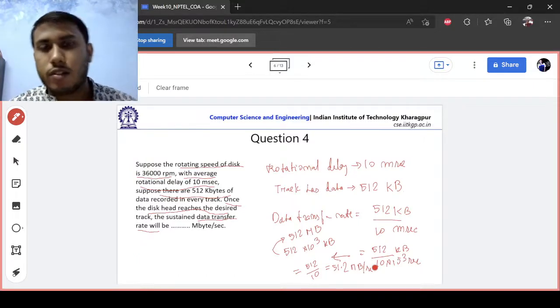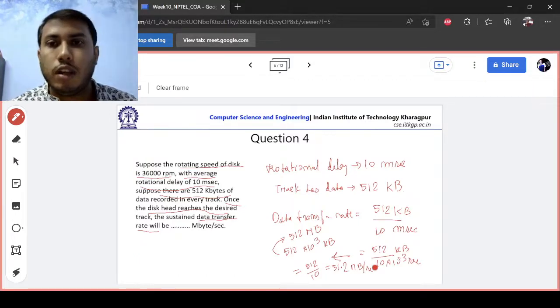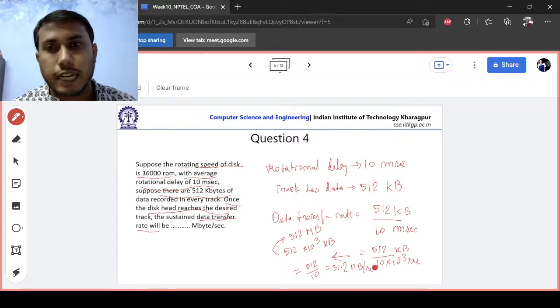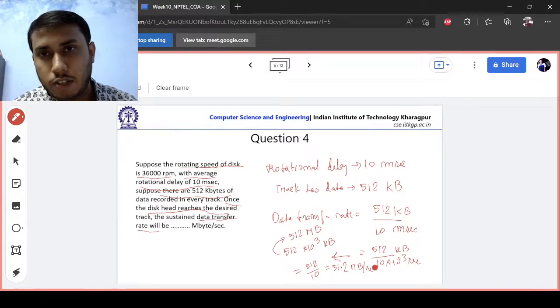So let's discuss this once more. What is given is the rotational speed of the disk, that is 36,000 rpm, and the average rotational delay, the delay for the disk to reach the particular track, that is 10 milliseconds. Suppose there are 512 KB of data recorded in that track.